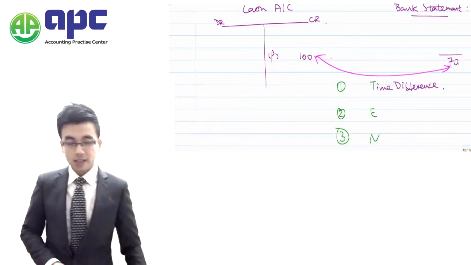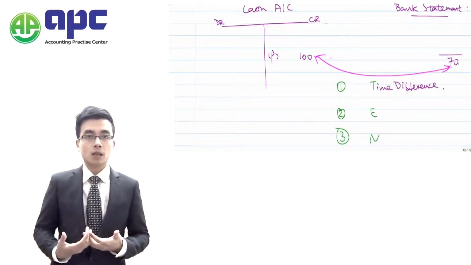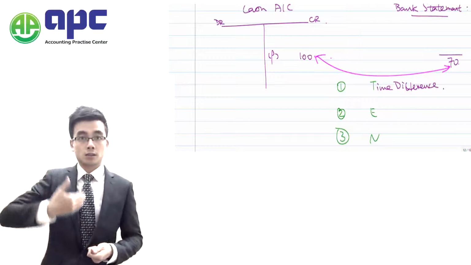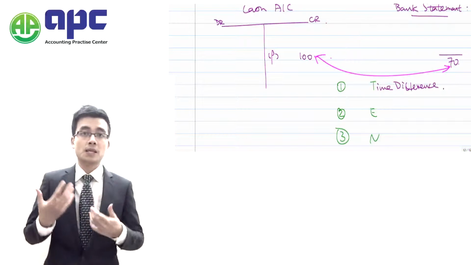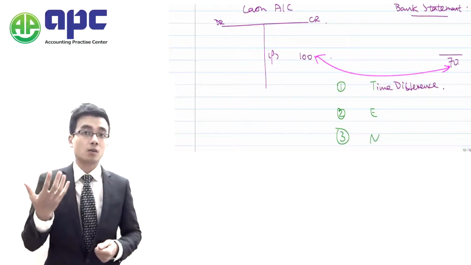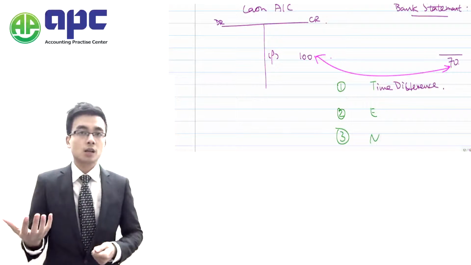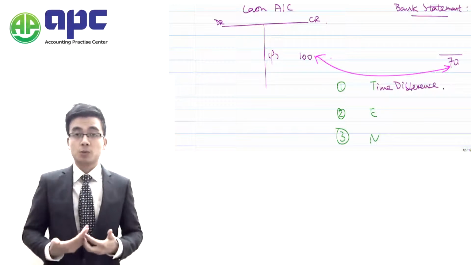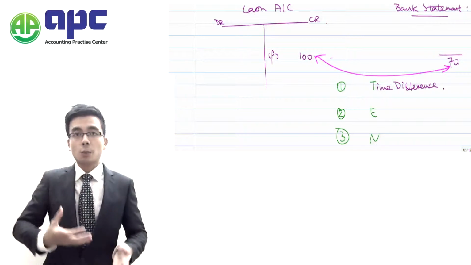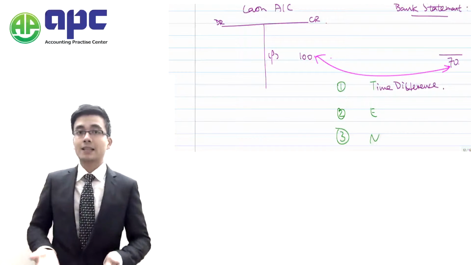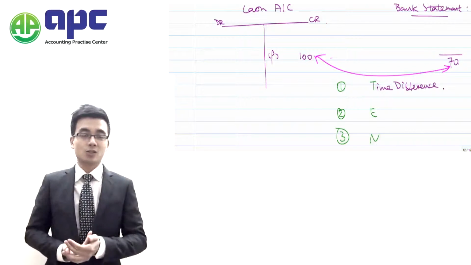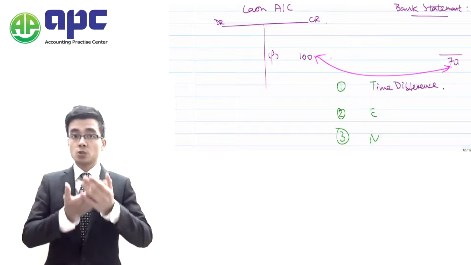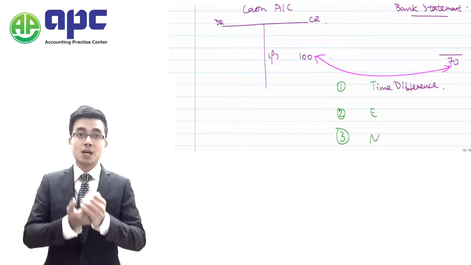Why this is the case is because, for example, the customer goes into our office and gives me a check worth $100. So what we need to do from a company's point of view is approach the bank, and then update this $100 because we're going to receive this $100 from the customer.